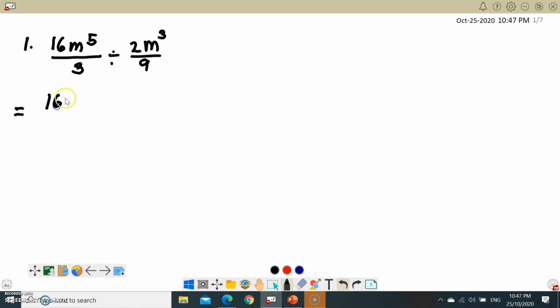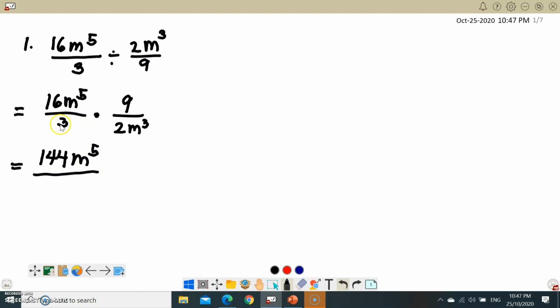So we now have 16m raised to 5 over 3 multiplied by the reciprocal of the divisor, 9 over 2m cubed. So we multiply the numerators. 16m raised to 5 times 9 is equal to 144m raised to 5, over multiply the denominators. 3 times 2m cubed is equal to 6m cubed.